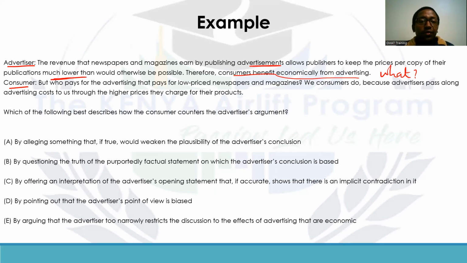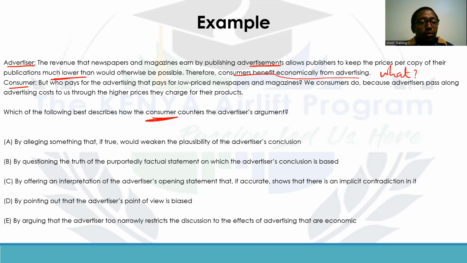So that benefits the consumer. But the consumer argues that the advertising is paid by the consumer when the advertiser passes on the advertising budget. So our question is, which of the following best describes how the consumer counters the advertiser's argument?